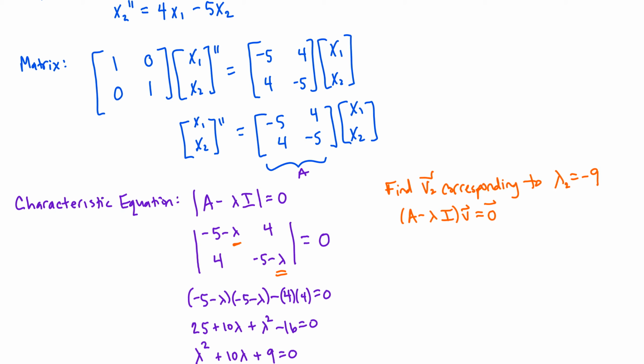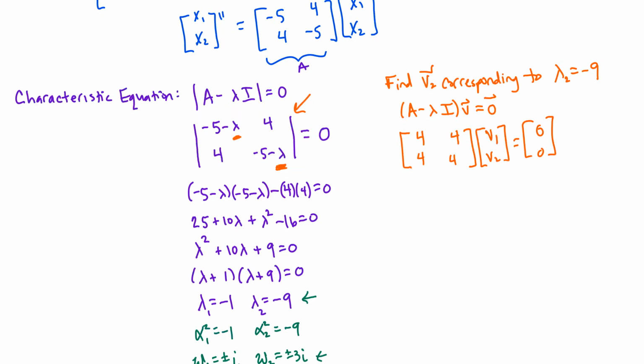So we're going to plug this time negative 9 in for our lambdas. Over here, there's A minus lambda I. Negative 5 minus negative 9 gives us a positive 4 in both of these two spots, times our second eigenvector, v sub 1 and v sub 2, equal to 0, 0.